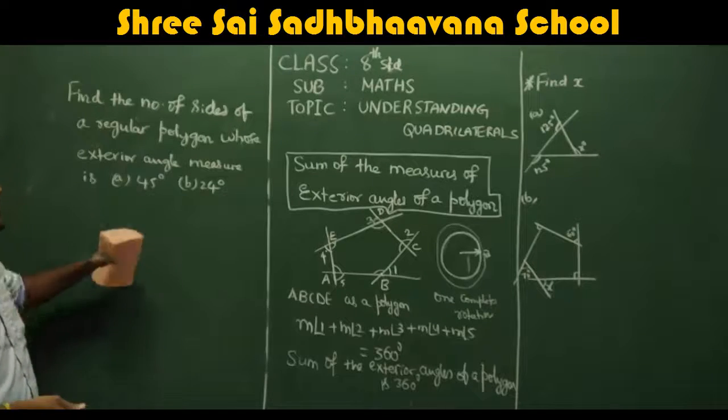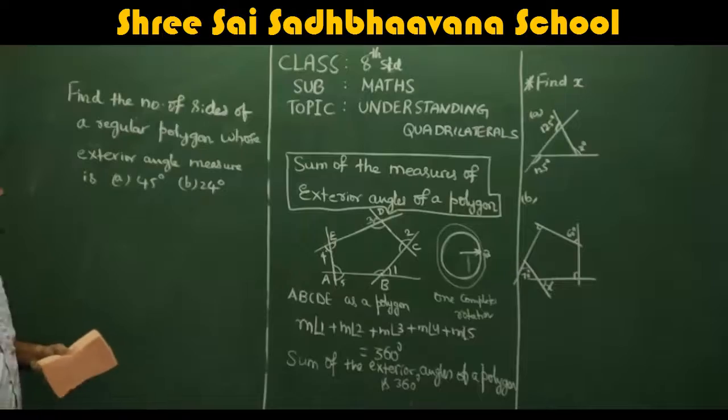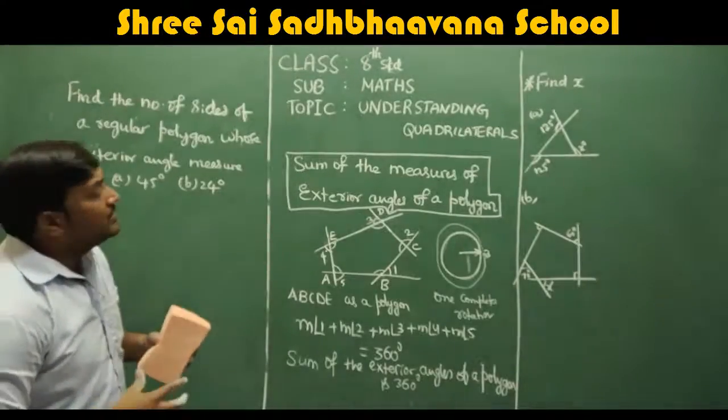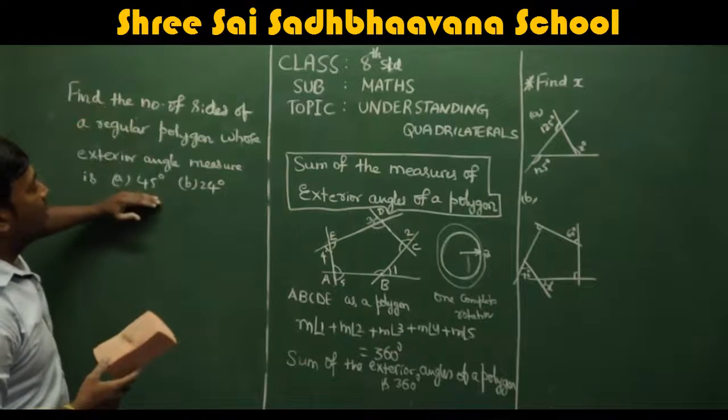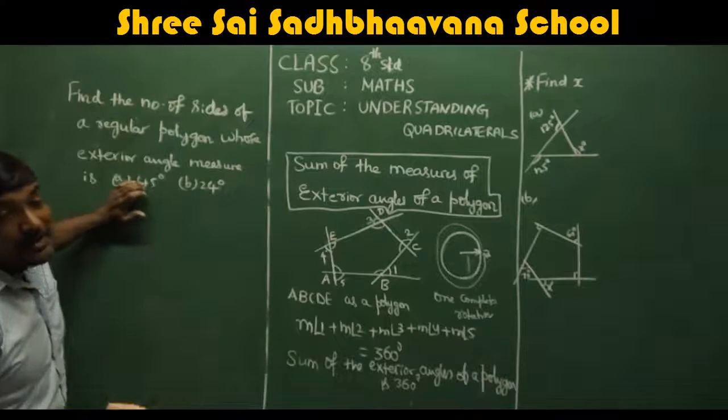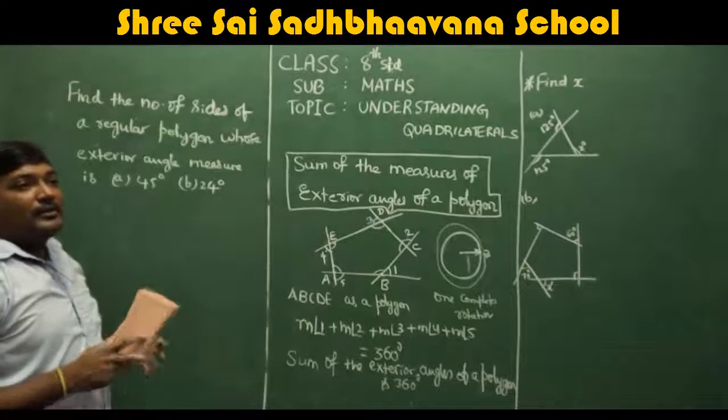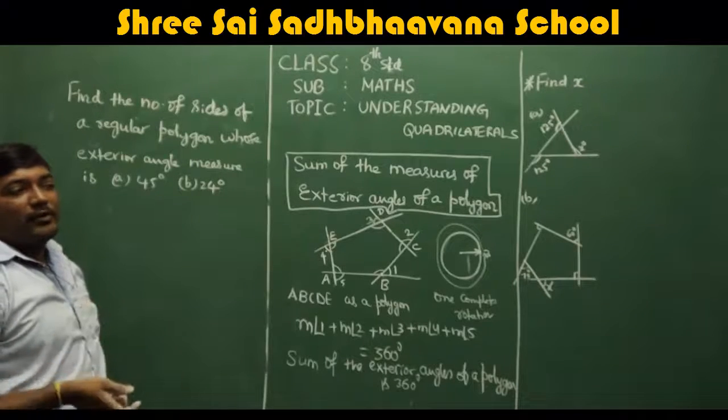Okay, it's very simple compared to the sums which we did. Here you have to find the number of sides. They have given the exterior angle measure as 45 degrees, and you have to find the number of sides of the polygon. Remember, it is a regular polygon. What do you mean by regular polygon?